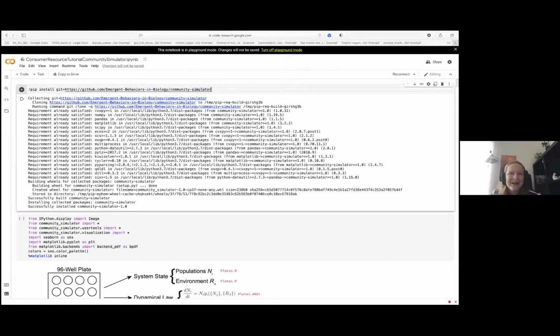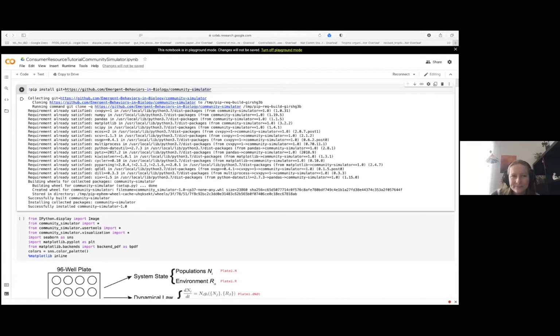The only thing I managed to find is that last year, guys from Boston University compiled some more general Python code that allows you to play around with several consumer resource models that I described in the theoretical part today.